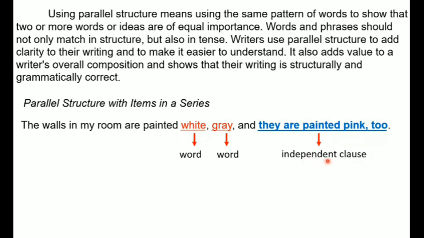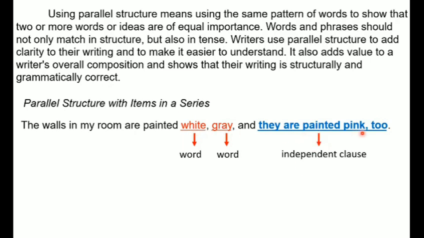This is an independent clause because it is a complete sentence. So, take note, we have a subject here, they, and we have a predicate, are painted pink too. So this is a simple sentence, so we can consider this as an independent clause.